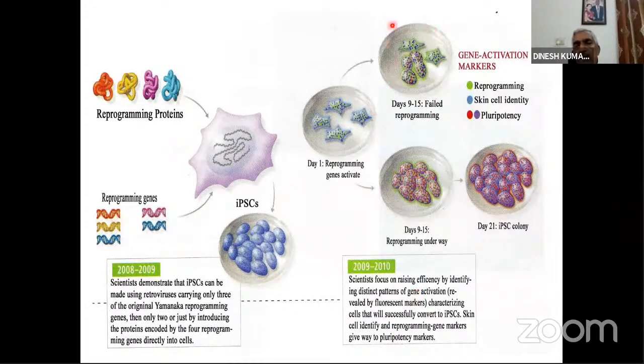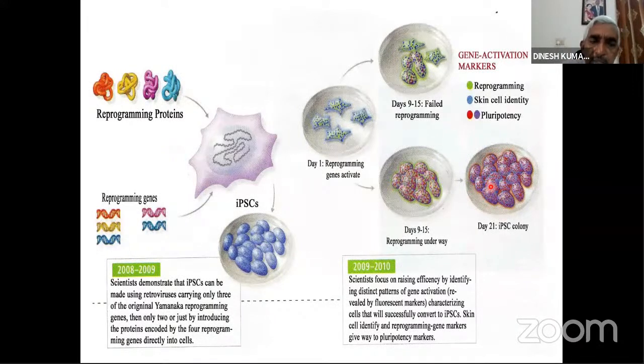This is very crucial, because you have to select the induced pluripotent cell colony, and if failed reprogramming is used, then a tumor may develop. So it is very important to separate these cells precisely, and with the help of the fluorescent technique, they are isolated.